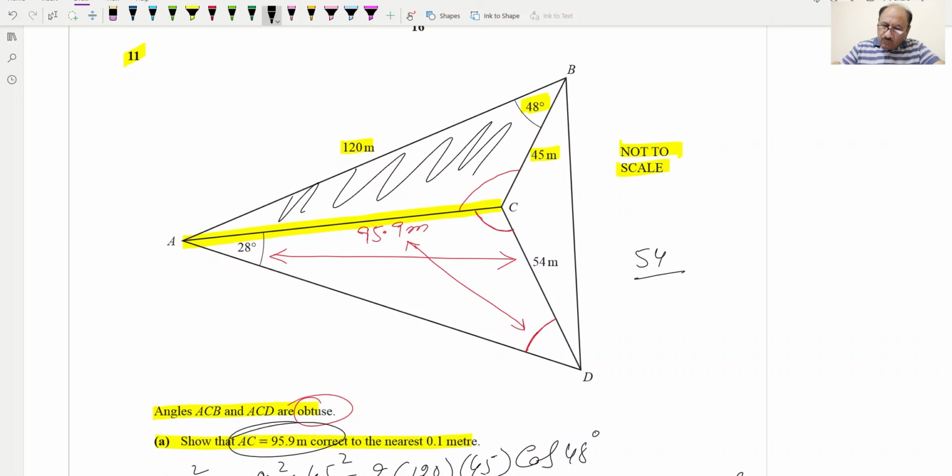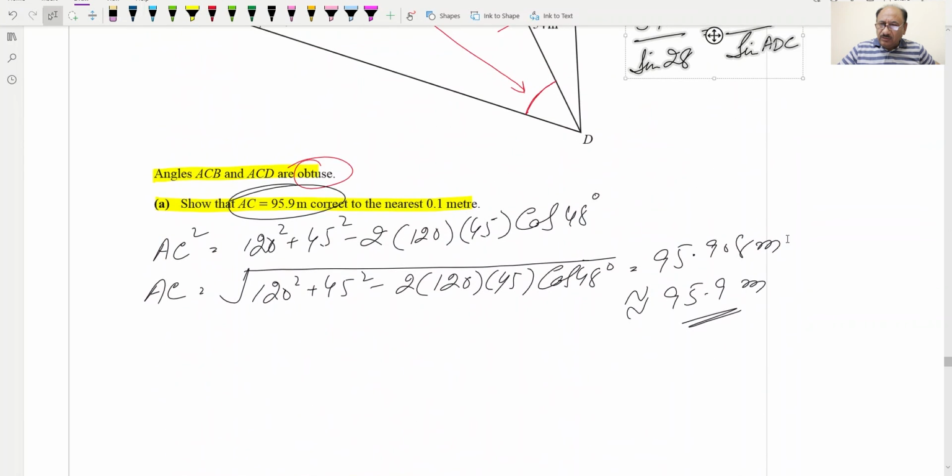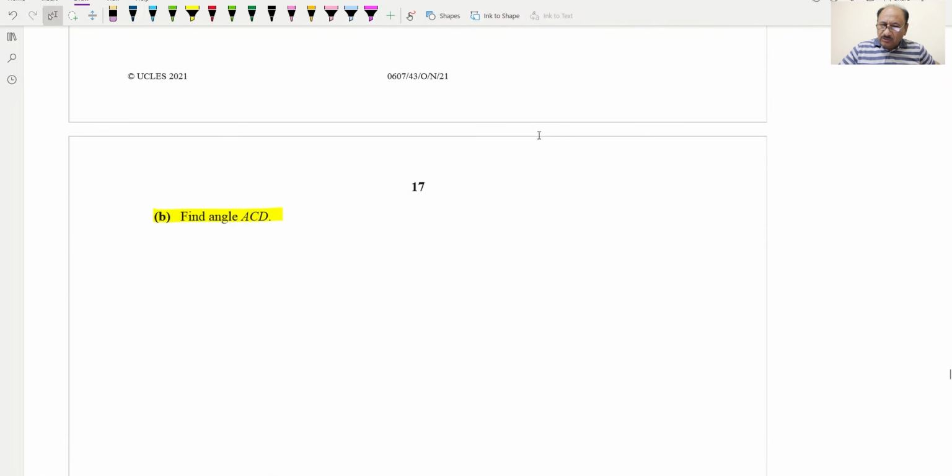So 54 over sine of 28 is equal to 95.9 over sine of angle ADC. This is our sine rule equation which we have done.